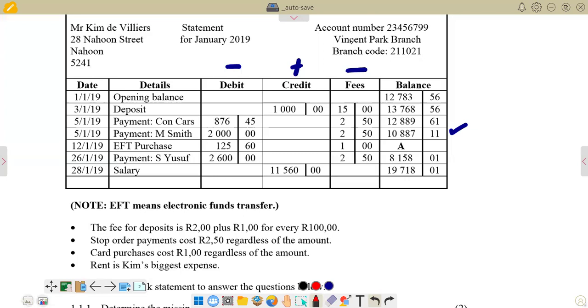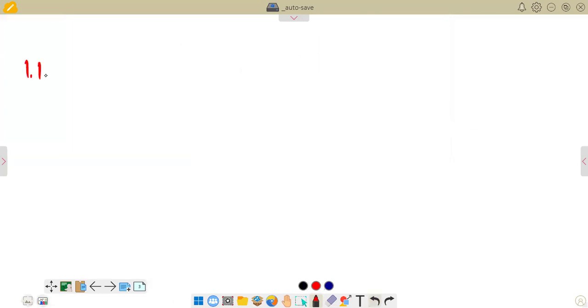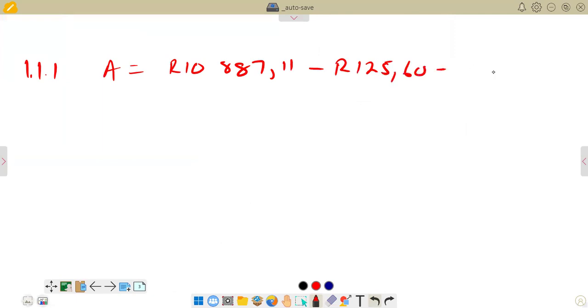So if you come here, we're going to say 1.1.1, A is equals to 10,887.11, being the previous balance, and then we are going to subtract 125 rands 60 cents, and then we subtract again the 1 rand. If you calculate it as such, you are going to see that you are going to get your answer.